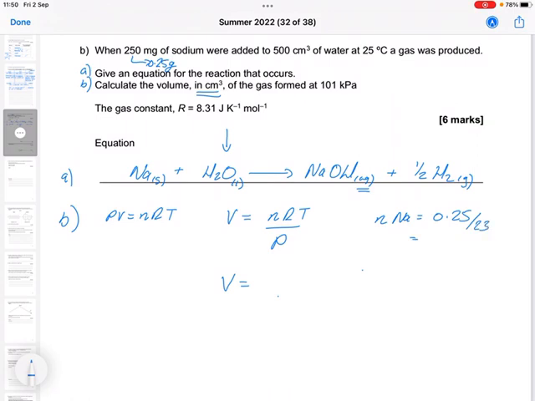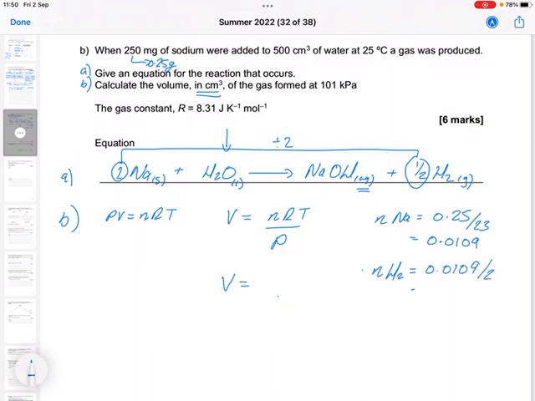That equals 0.0109. And in the equation here, for every one of these, I make half of those, so that's a 1. So what I need to do here is divide by 2 to get the number of moles of hydrogen. So number of moles of hydrogen is 0.0109 divided by 2, which gives me 5.4.